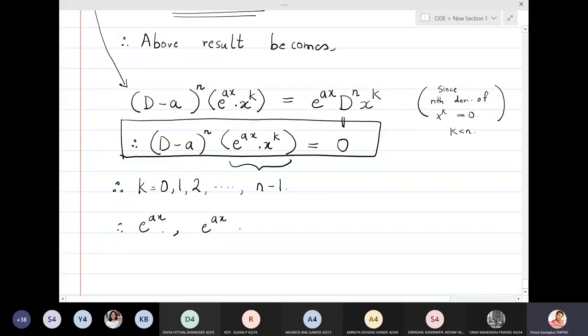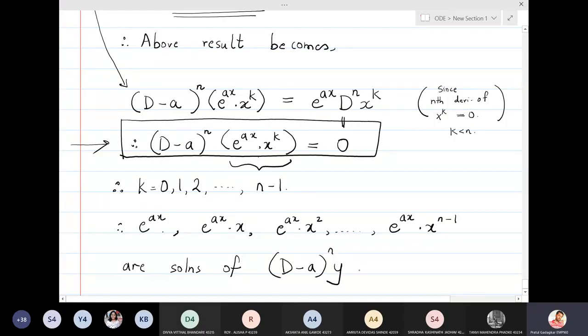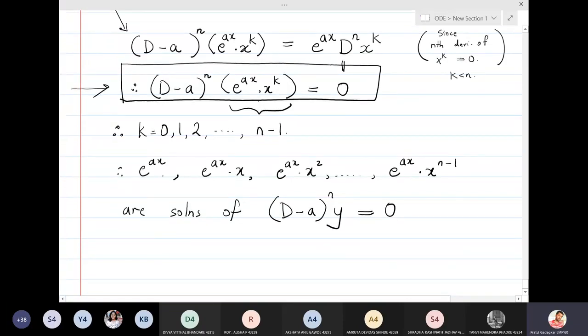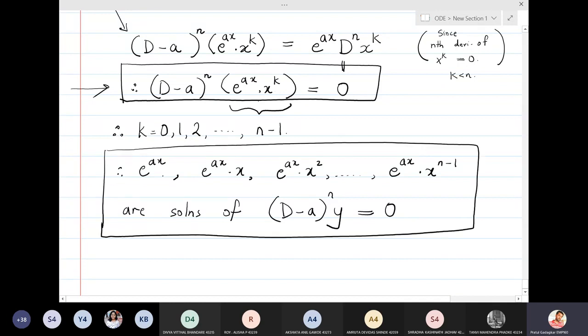Put k equal to 1, x; k equal to 2, e raised to ax x square; dot dot dot; e raised to ax into x raised to n minus 1. I'm putting the values of k in this part. These are solutions of which differential equation? Seeing this line, which differential equation do you think it is? (D minus a) raised to n y equal to 0. So these are all the solutions of this particular differential equation.